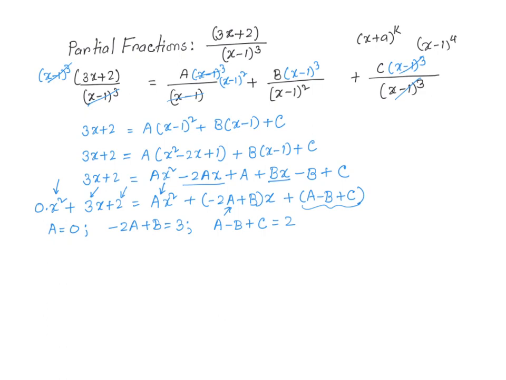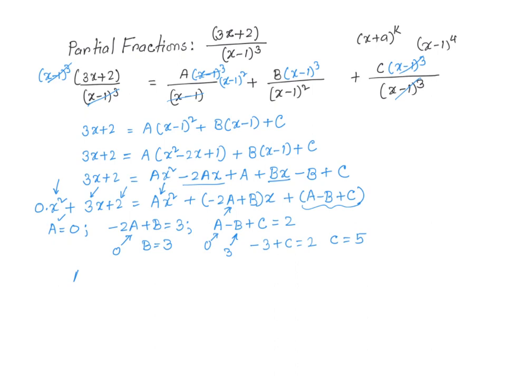We have an easy scenario here. A is 0, so if I plug A equal to 0 here, that gives me B equal to 3. Very nice. And then if I plug A equal to 0 and B equal to 3 here, I get negative 3 plus C is equal to 2, or C is equal to 5.